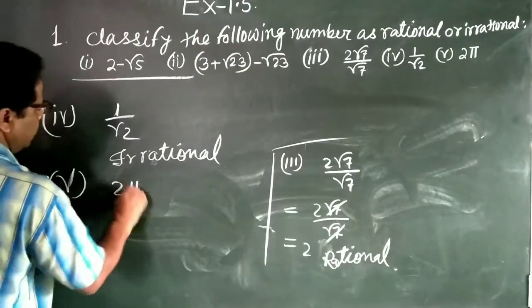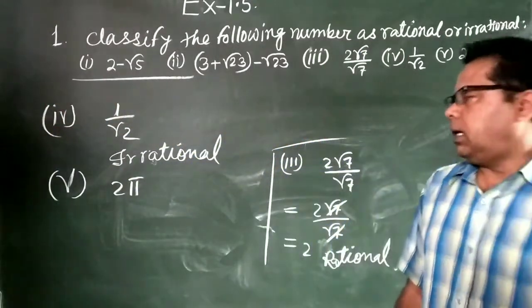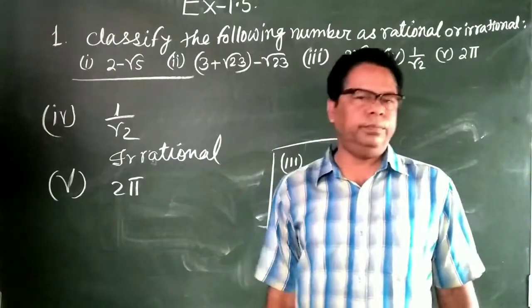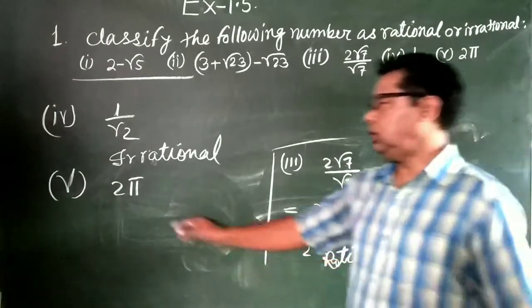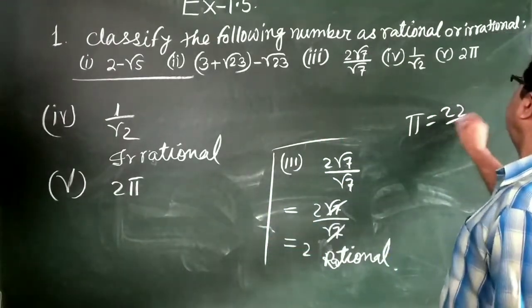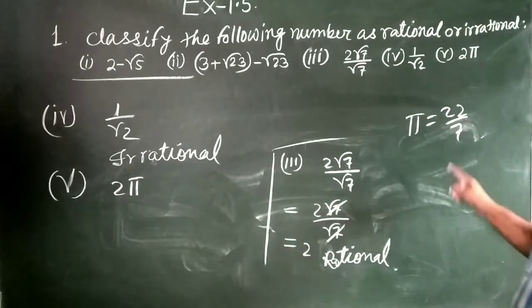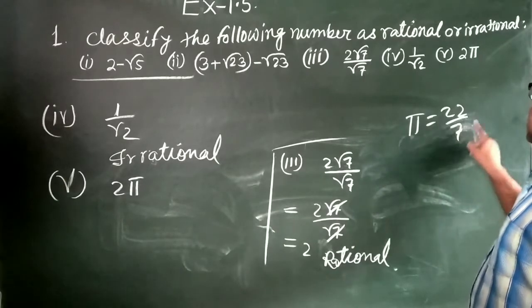Question number 5. 2 pi. Actually pi is an irrational number, but multiplied here, 2 pi is irrational because 2 is not a factor of 7. The value of pi is 22 by 7. Any number multiplied with pi which is a multiple of 7 will become rational.